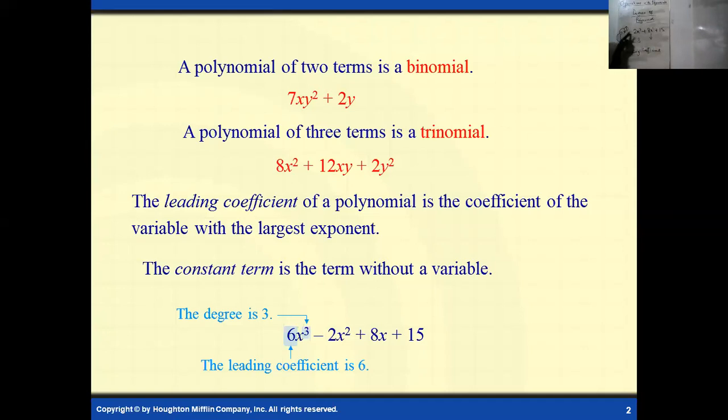Because it is the highest here. Now, what is the leading coefficient? The leading coefficient is 6, because this 6 is the one that has the variable with the highest degree. The leading coefficient cannot be -2, because the -2 has x raised to power 2, but there's power 3 here. So this is the leading coefficient. Do you all get this now?